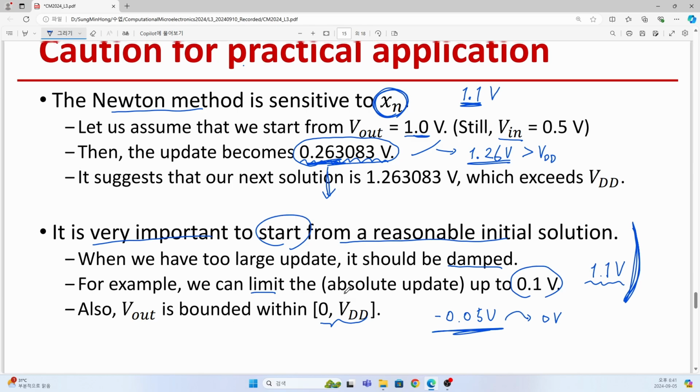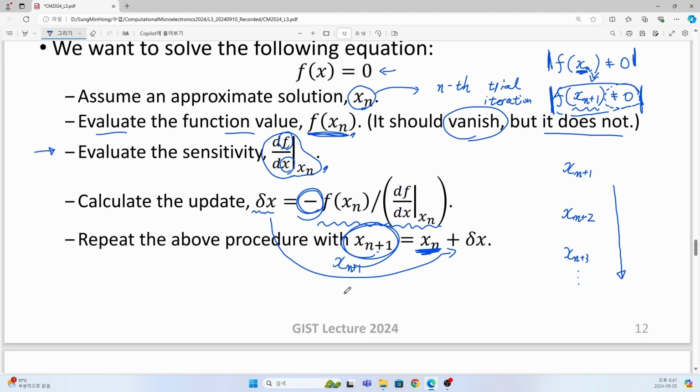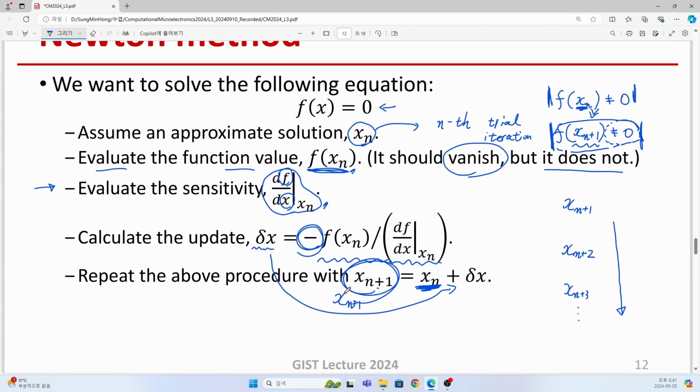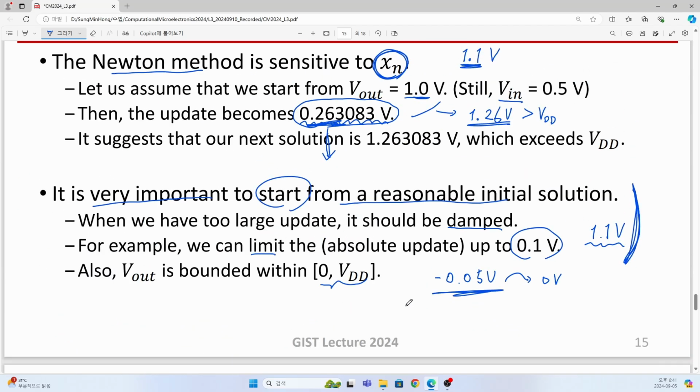So the algorithm of Newton iteration itself is quite straightforward. However, when you apply it to realistic cases, sometimes it fails or diverges. So we must introduce a certain safeguard for our Newton iteration, especially at the beginning of the iteration phase.